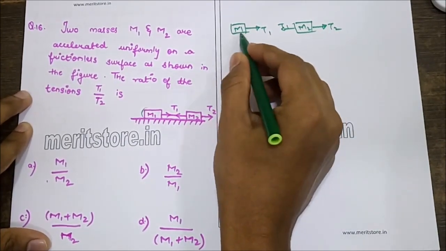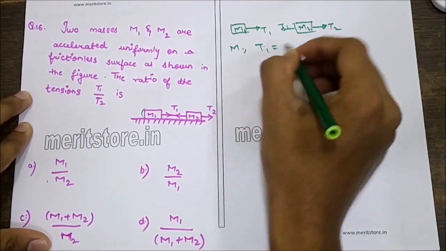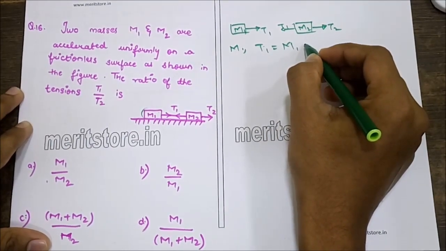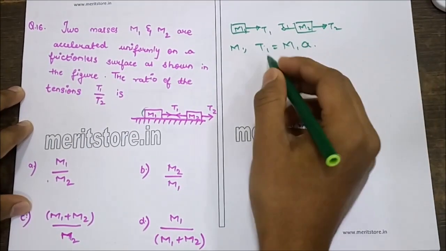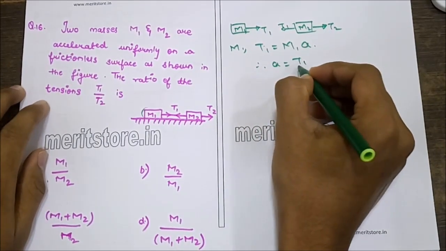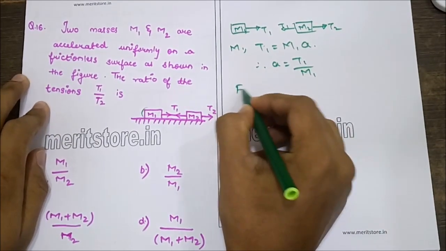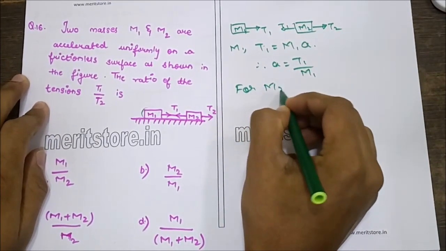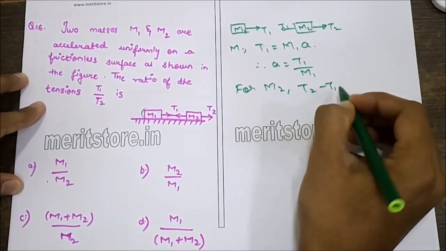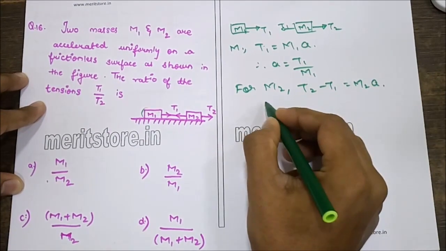Now for the mass M1, the tension T1 is equal to M1 into, let's assume a common acceleration to be a. Therefore, the acceleration value is T1 upon M1. For the mass M2, the T2 minus T1 is equal to M2 times the common acceleration a.